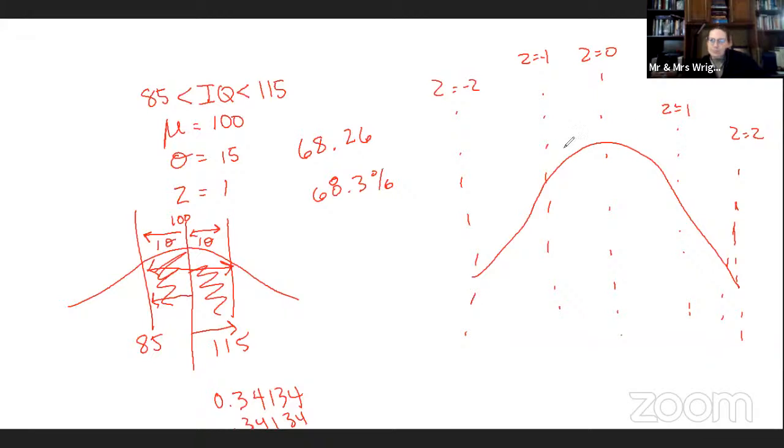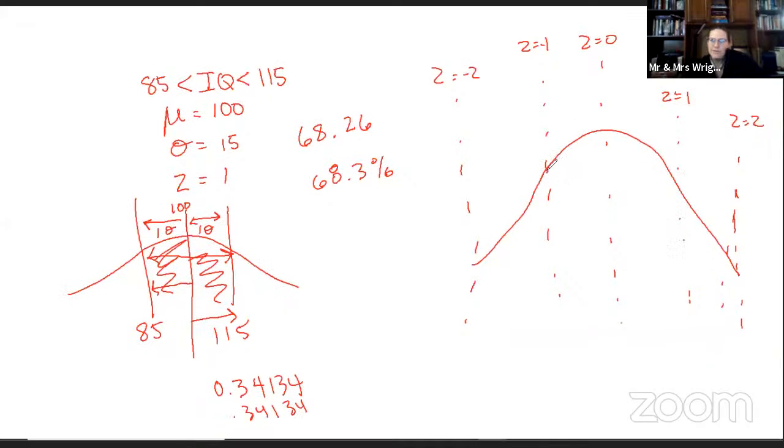And remember, we're looking for what is the percentage from here to here. So anytime you have a whole number z-score, it's going to be easy for you because you can just look up a standard z chart or normal curve chart. So let me stop that screen share and get to the internet.